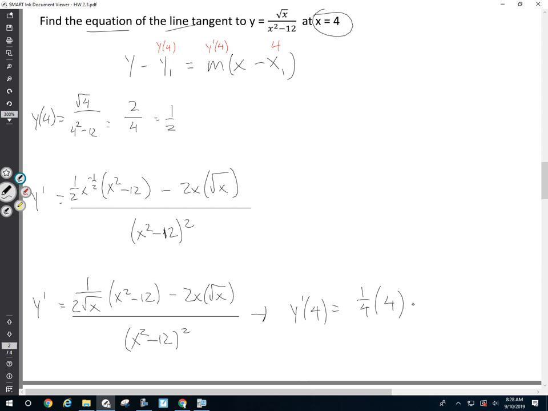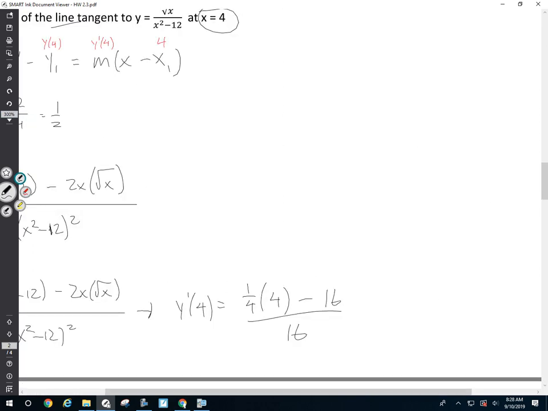That's nice. Minus 2 times 4 is 8, times root 4, which is 2. 8 times 2 is 16, over 4 squared, 16, minus 12 is 4, squared is 16. So I end up with a slope of 1 minus 16 over 16, which is negative 15/16.